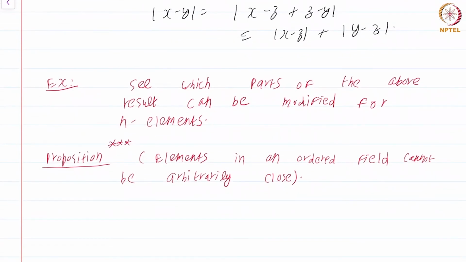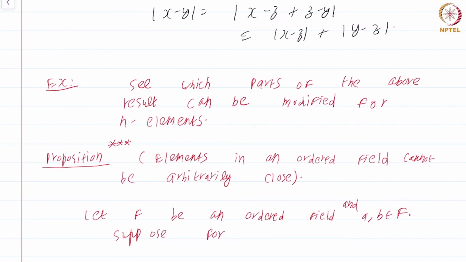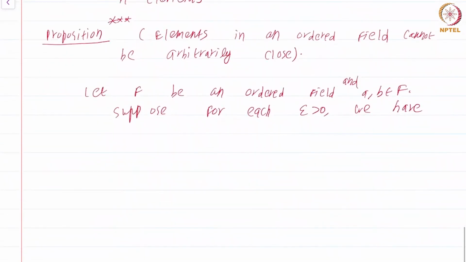Let F be an ordered field, and a, b in F. Suppose for each epsilon greater than 0, we have modulus of a minus b less than epsilon, then a is equal to b.